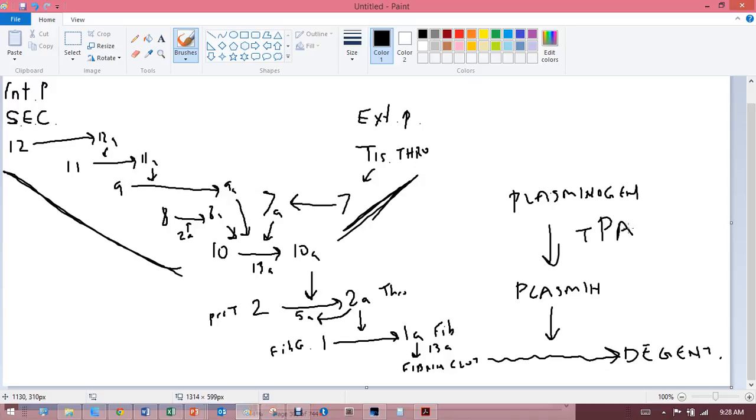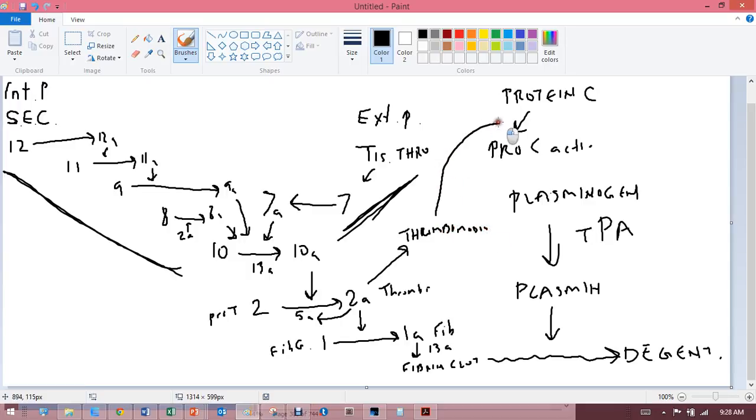One more thing to include in here is protein C became protein C activated, and that was because of also thrombomodulin. So remember, this is thrombin here. Can also become thrombomodulin, and thrombomodulin acts here.